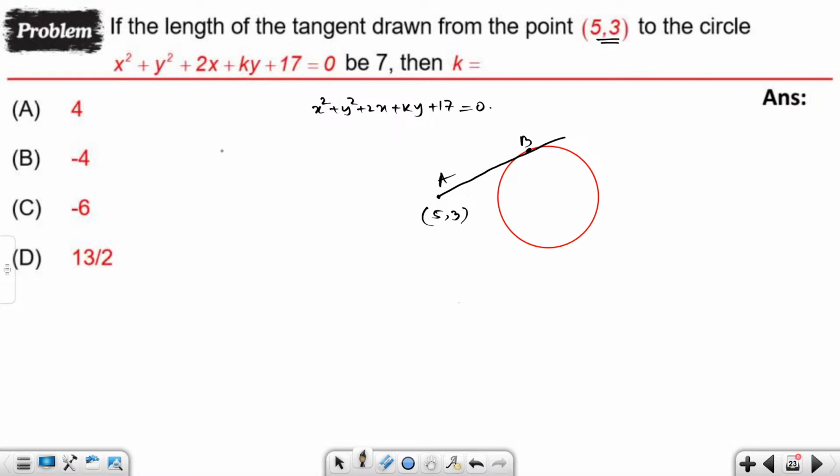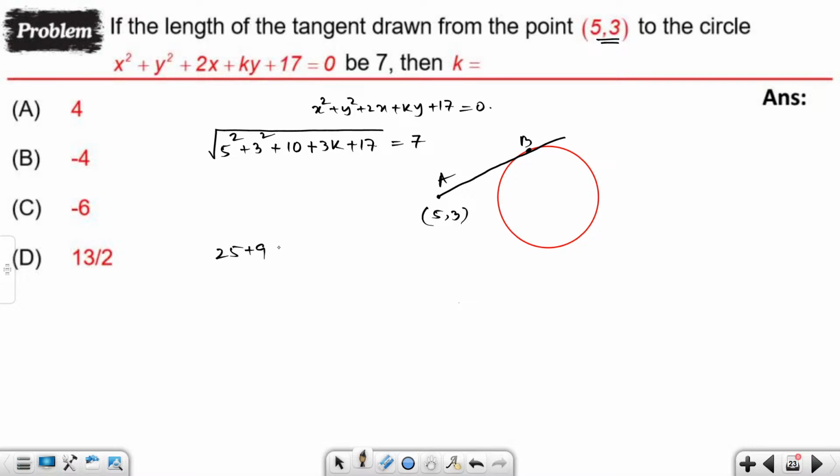So what you are getting, 5 square, 3 square, 10, 3k plus 17. So this is the power of the point. So what is the length of the tangent? Root over of the power of the point, which is given to be 7. So what will be the answer?